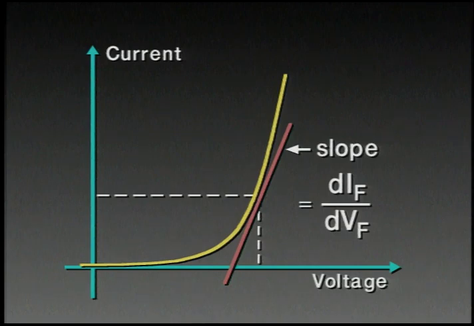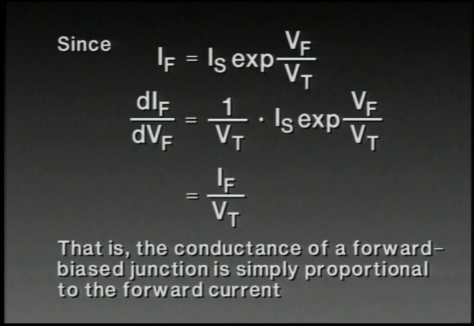Now we're still talking here about a simple two-terminal diode or PN junction, so that's the conductance of the junction. We can find the value very readily because the exponential form is easily differentiated, and we soon discover that the conductance of a two-terminal diode is directly proportional to the forward current. This is the beginning of the translinear notion.